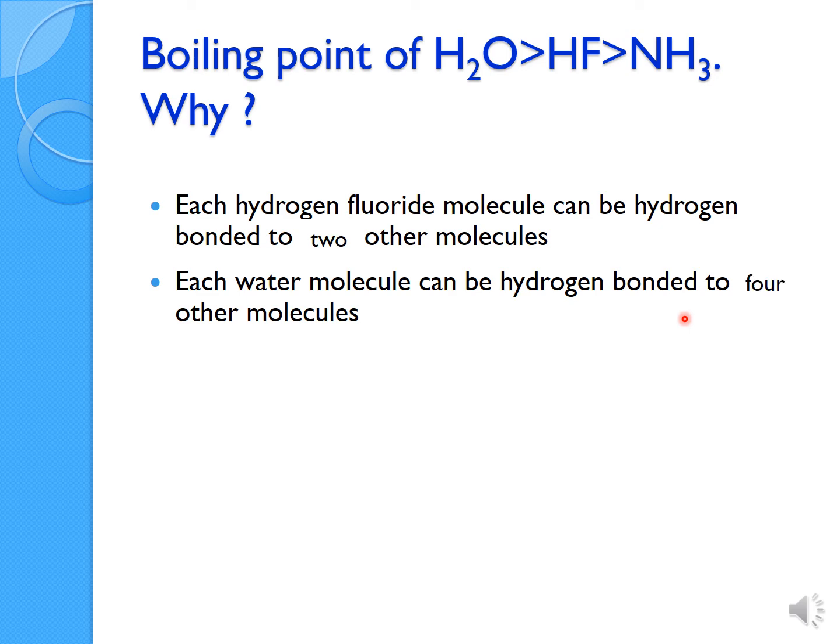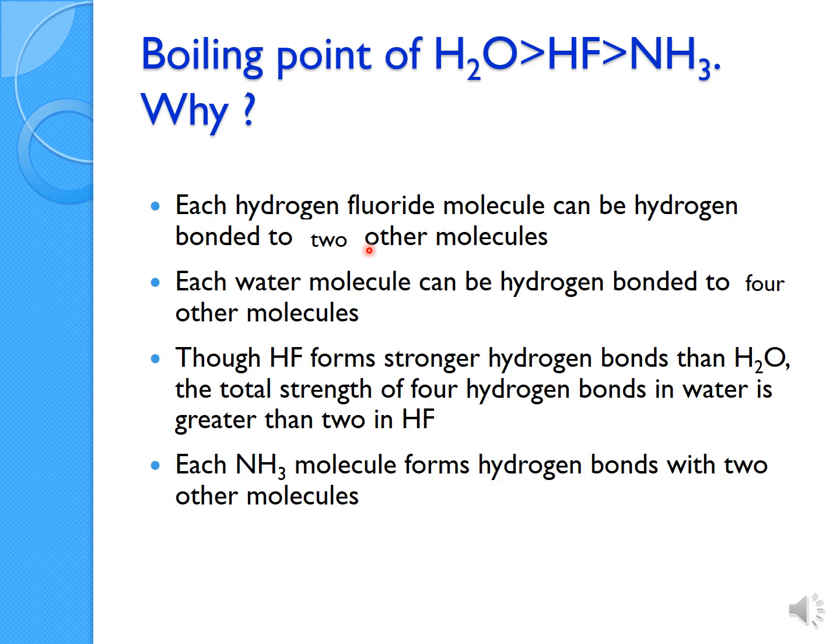So the total strength of these four hydrogen bonds in water exceeds the total strength of two hydrogen bonds in HF. Since the number of hydrogen bonds formed in water is greater than in hydrogen fluoride, the boiling point of water will be greater.